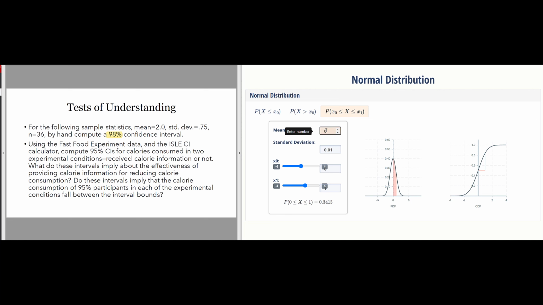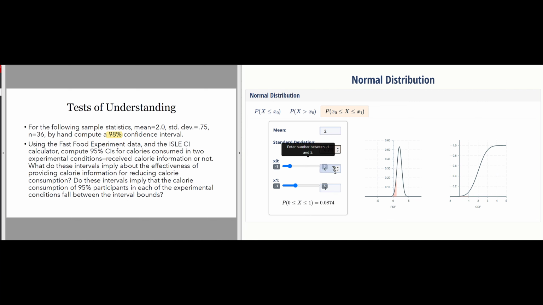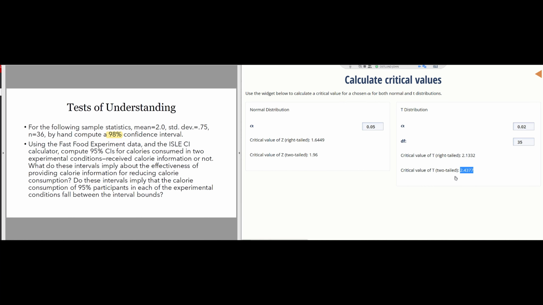Our sample mean is 2, our sample standard deviation is 0.75, and we want 2.4377. I guess here's where the by hand part comes in. Let me switch to my document camera.